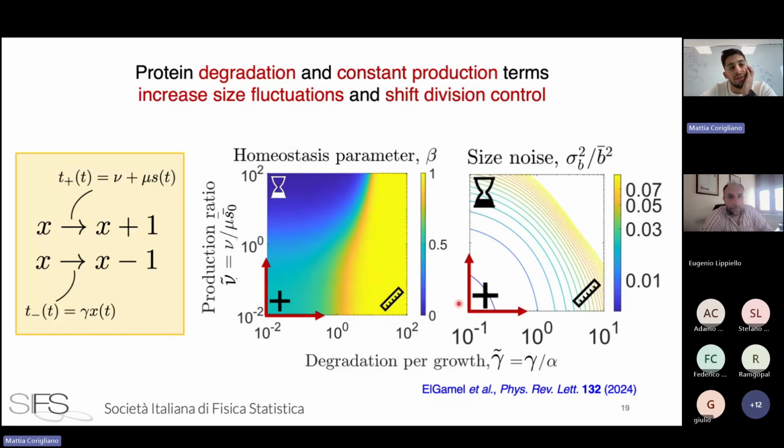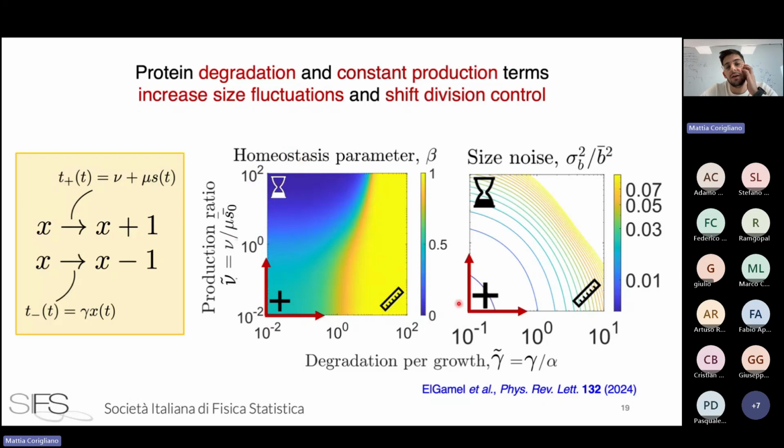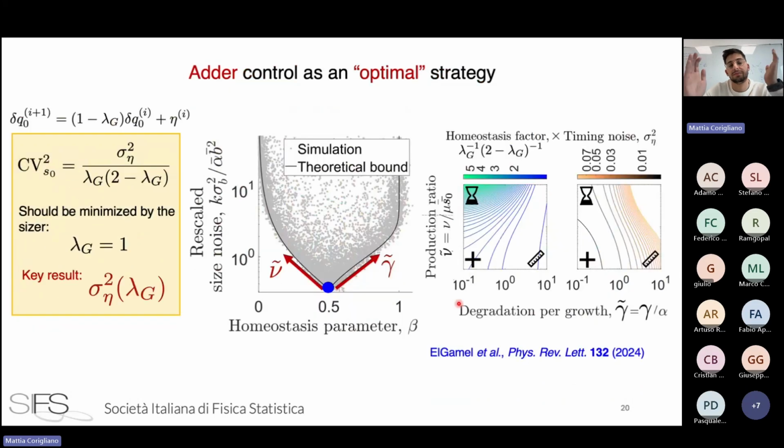And interesting in this paper, they also saw that the adder strategy becomes the one that minimizes size fluctuations. So you see here in this plot, for example, where they plot the rescaled coefficient of variation versus this parameter lambda g. And you see that you have a minimum in correspondence of the adder.